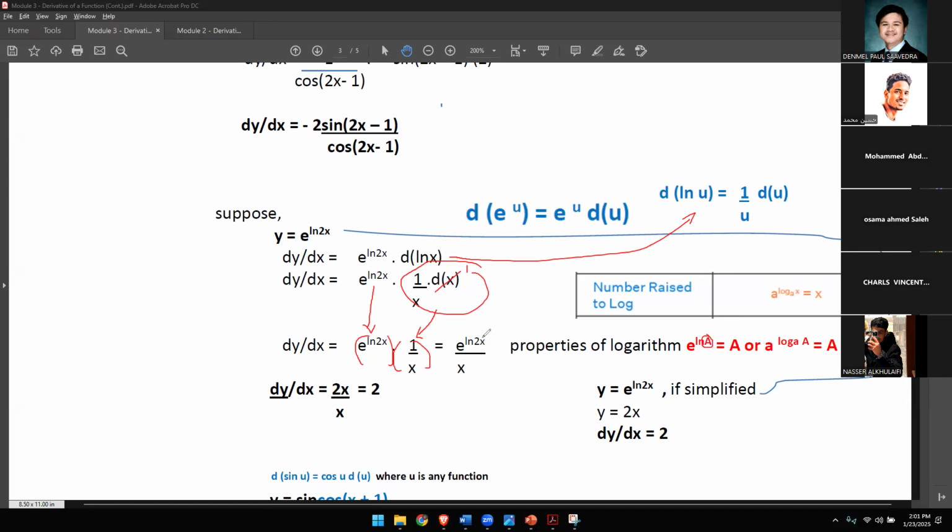So that a in here is this 2x. So following this property of logarithm, e raised to ln 2x is just simply 2x, and then over x is still over x, which is now equal to 2 because x will cancel. We call this one the number raised to log. So a raised to log a of x is just simply equal to x.